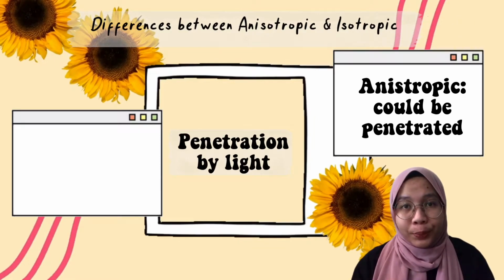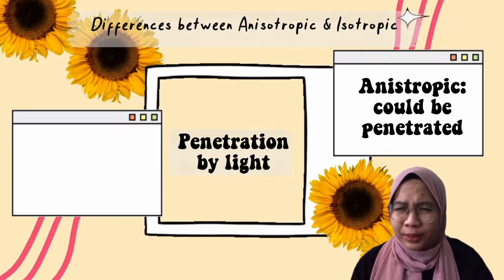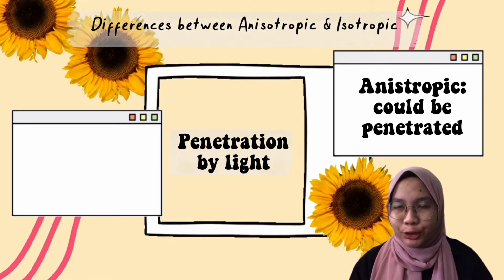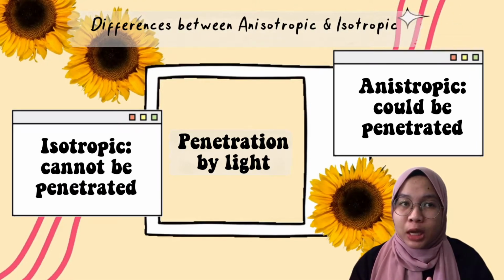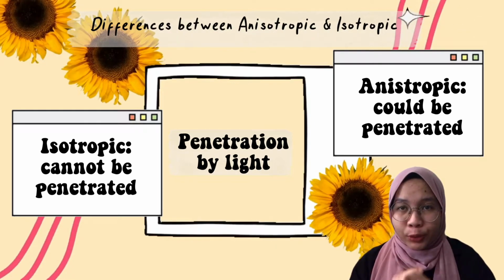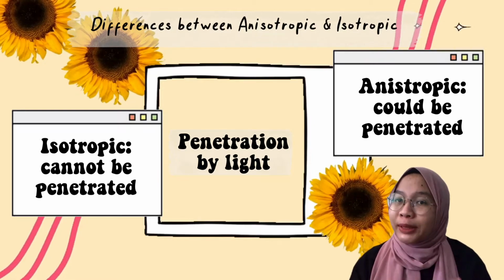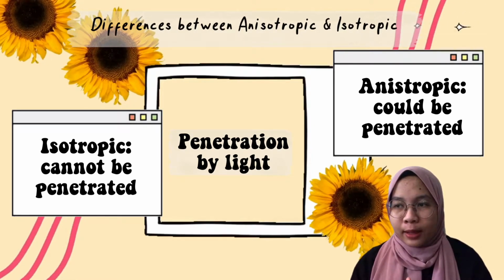Next, anisotropic materials could be penetrated by light. This is due to having inconsistent properties in all directions. Meanwhile, for isotropic materials, light cannot penetrate the material as it has properties that could block the light in any direction.